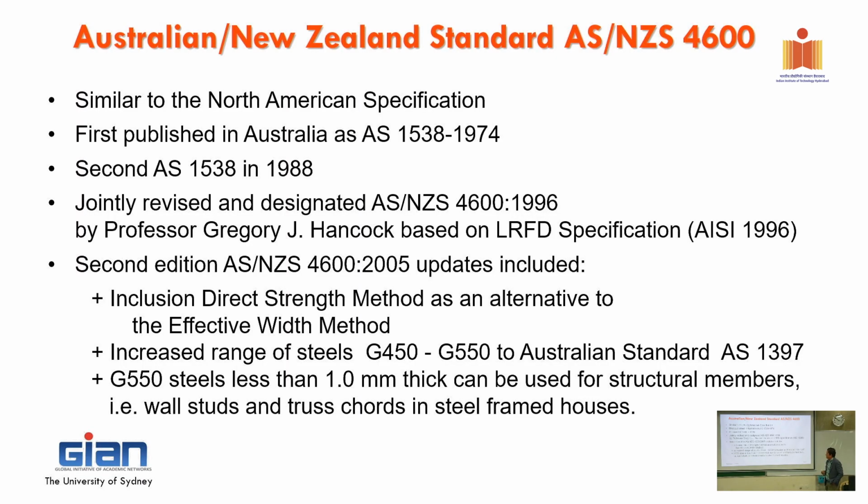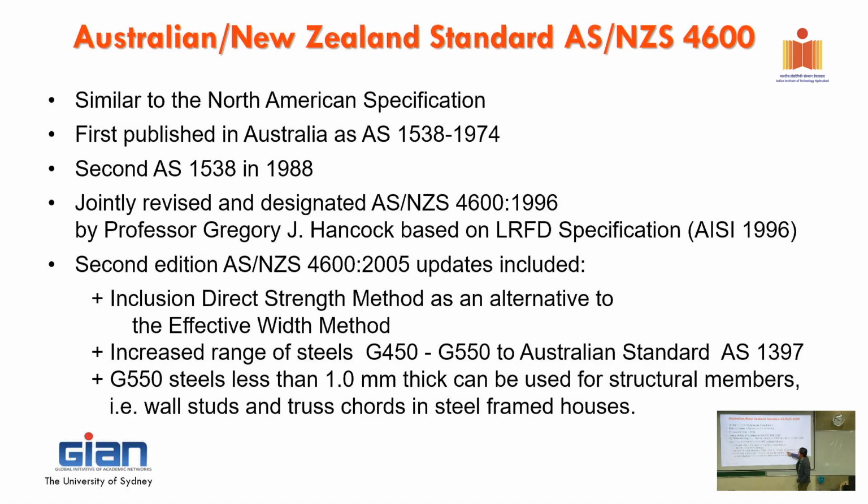I think he brought it into the Australian standard a little earlier than AISI. And he put it in a separate chapter, Chapter 7, just for design by the direct strength method. So that is what happened, and you can look at that.